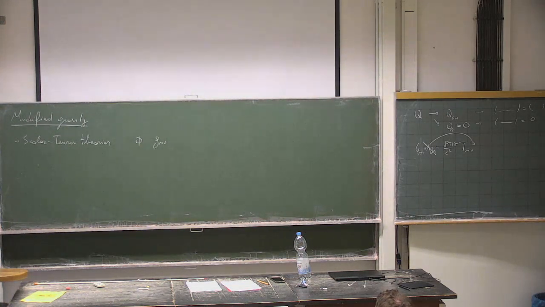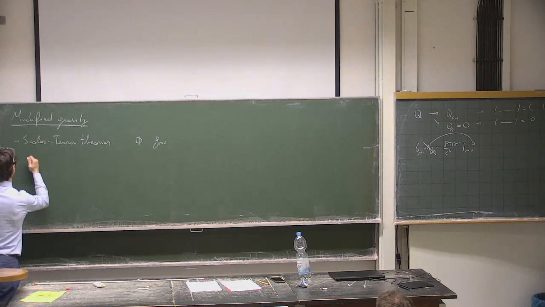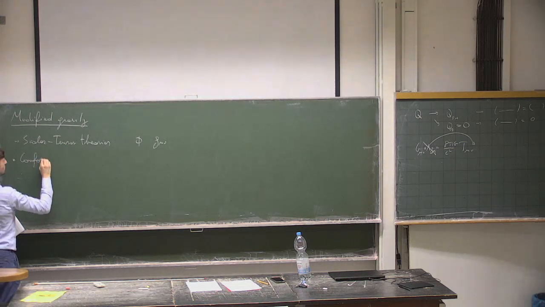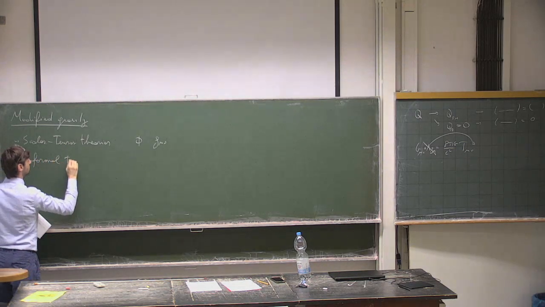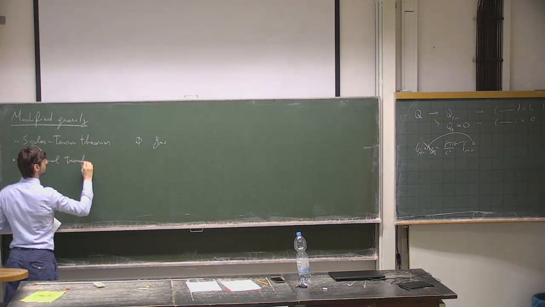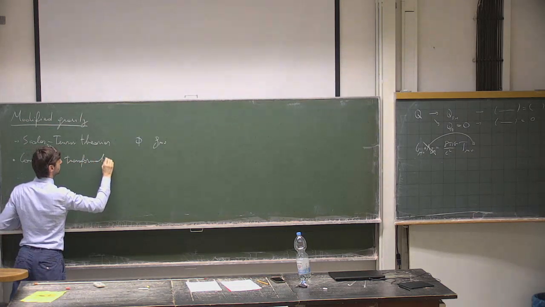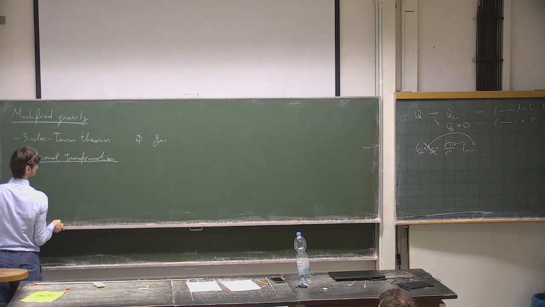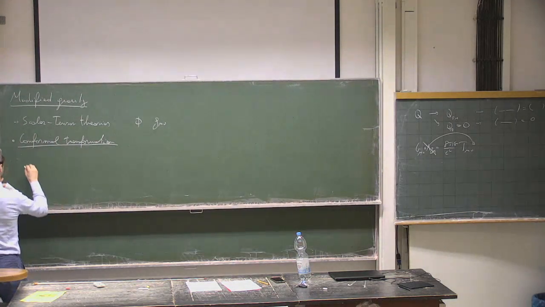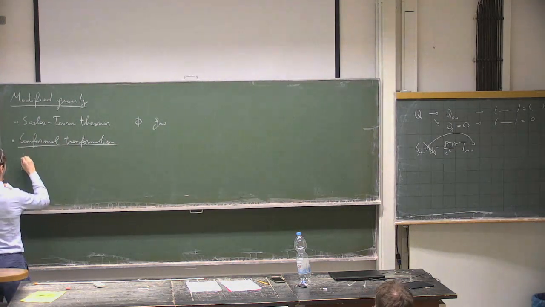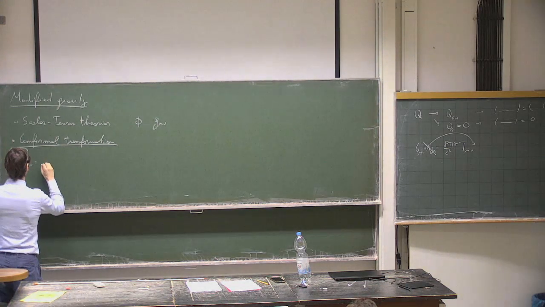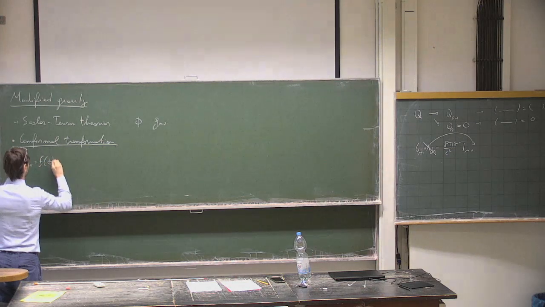Now, let's start with the first tool that we need, which is conformal transformations. Conformal transformations are quite simple. It's just a linear transformation of our metric. So we have a transformed metric, which is just given by this expression.